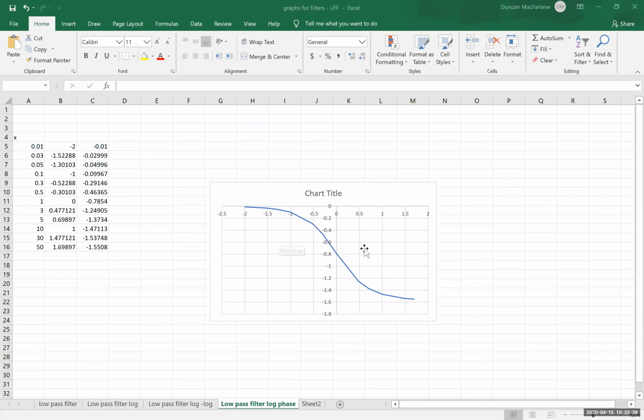So notice before I started at pi over 2 and I went to 0, and that's for my high pass. And for my low pass, I dropped this down so that it starts at 0 and it goes to minus pi over 2. Okay, so we're seeing that 90-degree phase shift on the rejection side, and we see a 0 phase shift happening wherever we have a pass band.